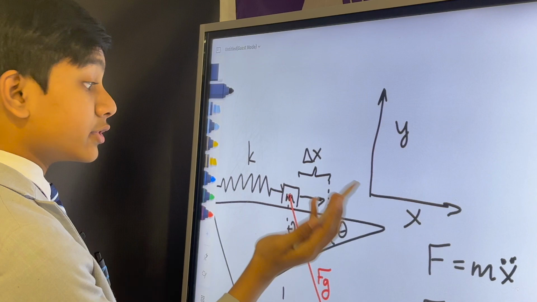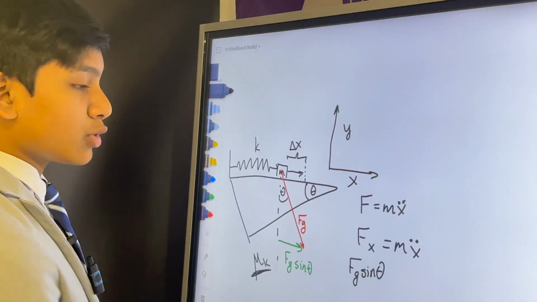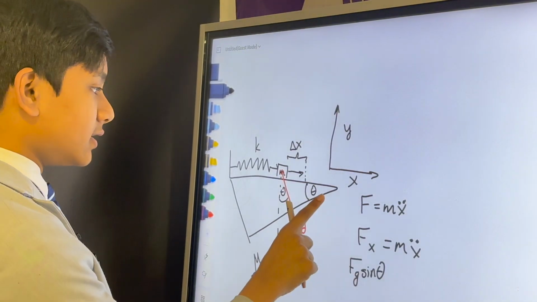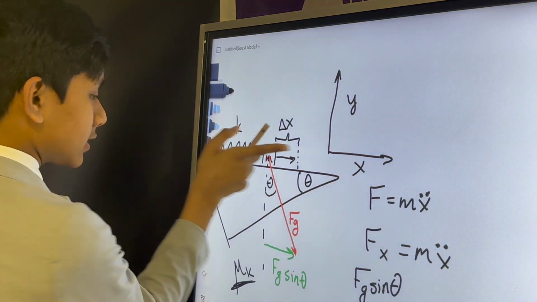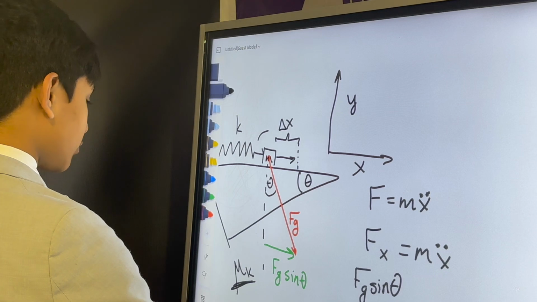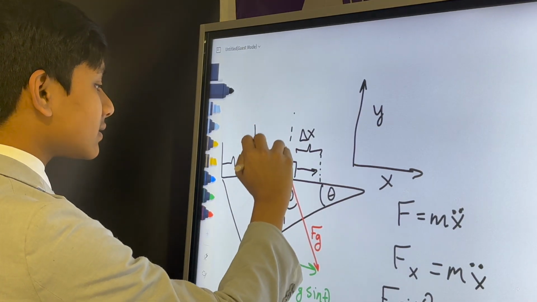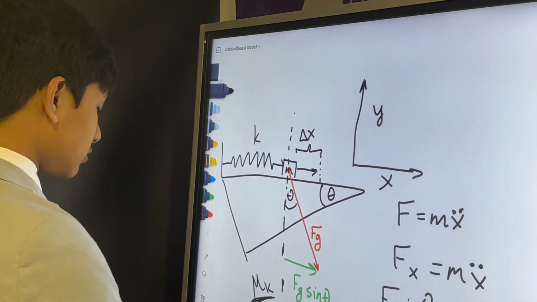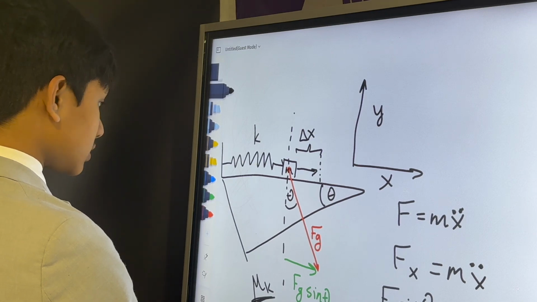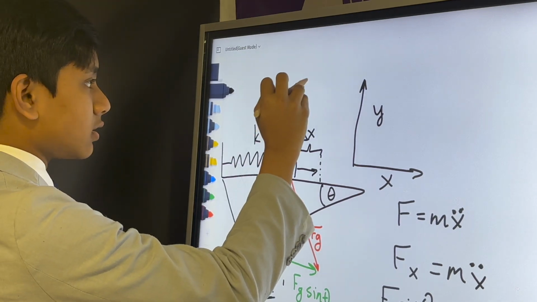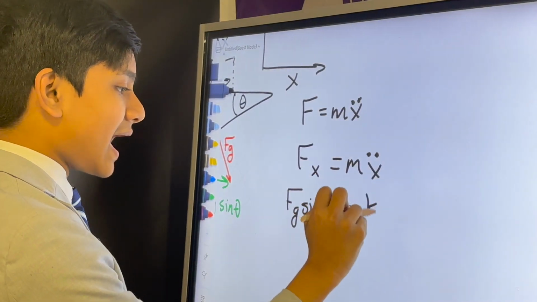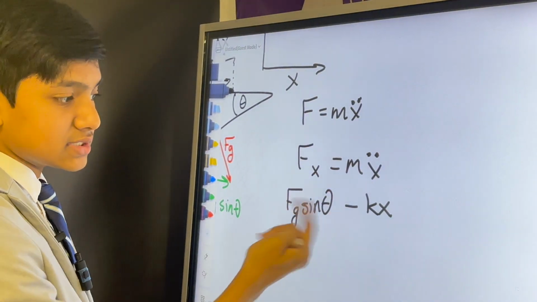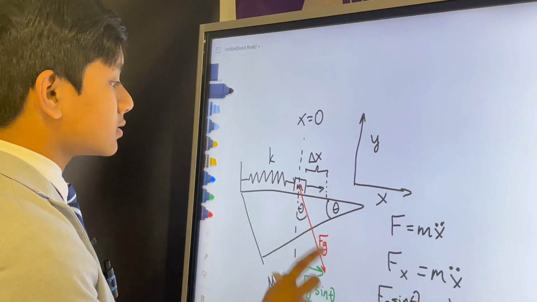Meanwhile, you have the restoring force of the spring. And what's that going to be? Well, the restoring force is always trying to pull it in the opposite direction of where it is now, back to the position of equilibrium, which I'm going to call x equals 0. So this is minus kx, and of course the sign of x is going to change.